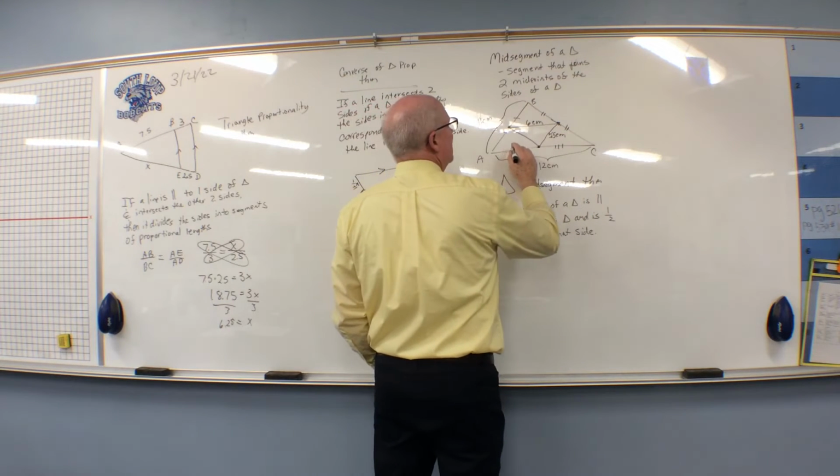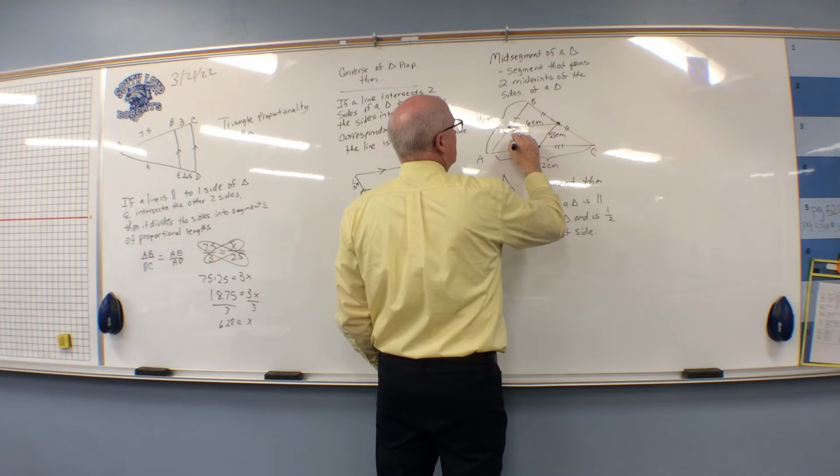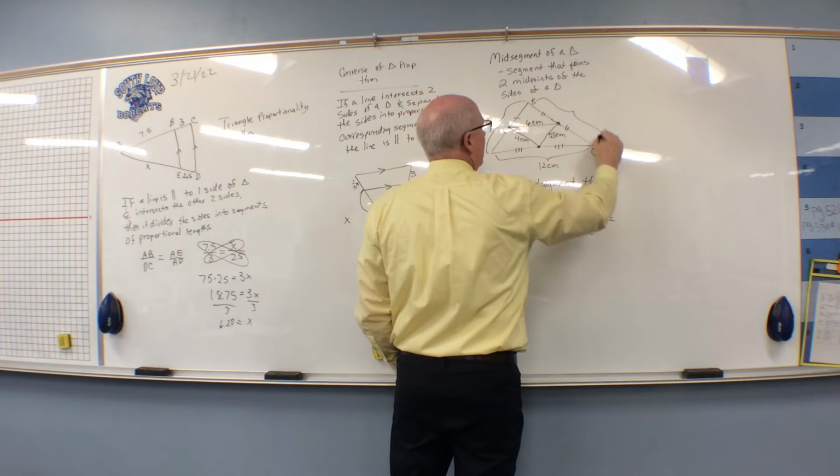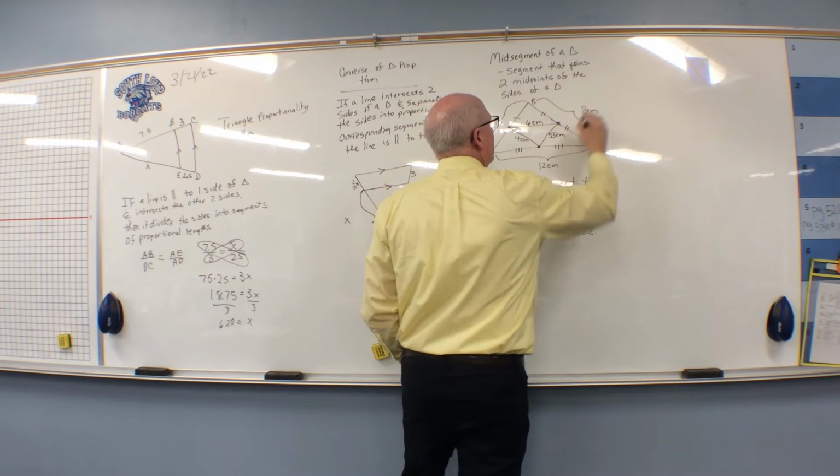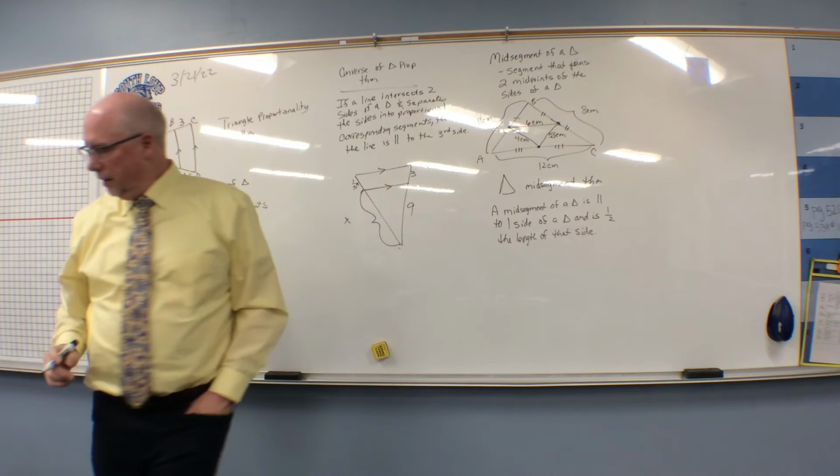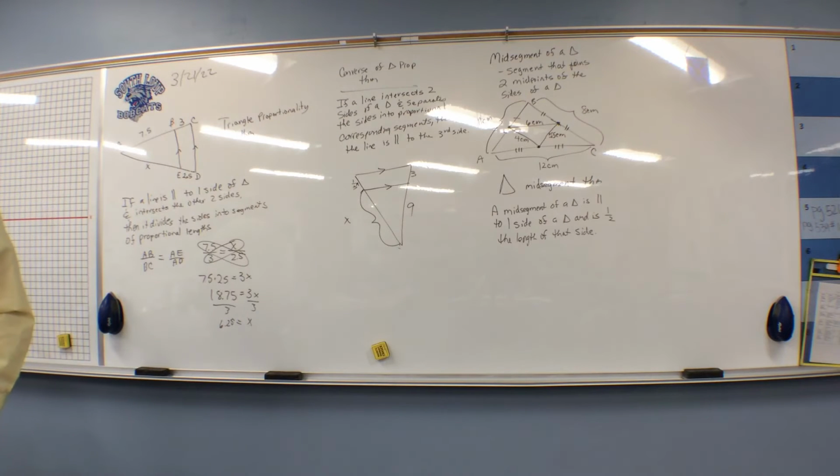If this is 4 centimeters, how big is it from here to here? 8 centimeters. That's kind of a neat theorem. Are you okay, Joss, with all of that? Yep.